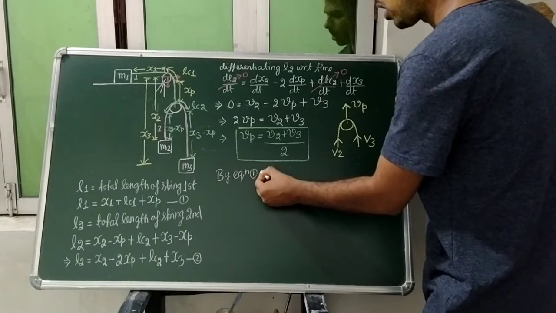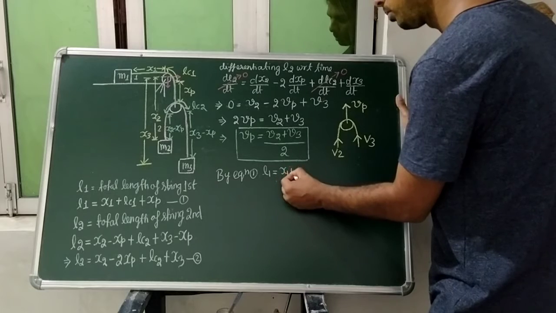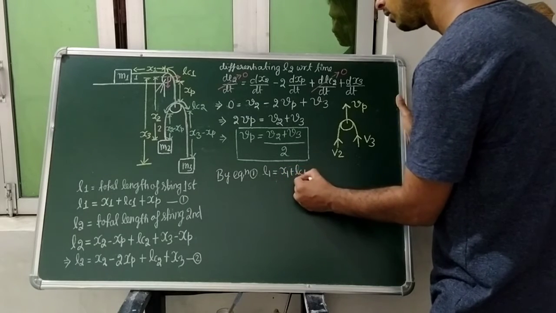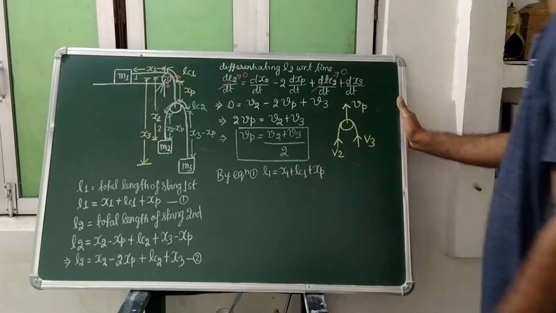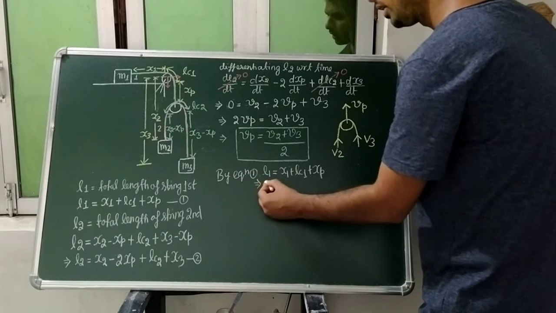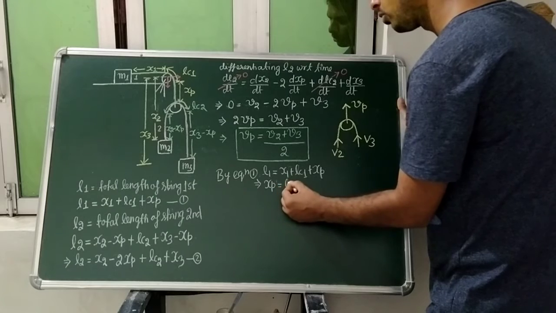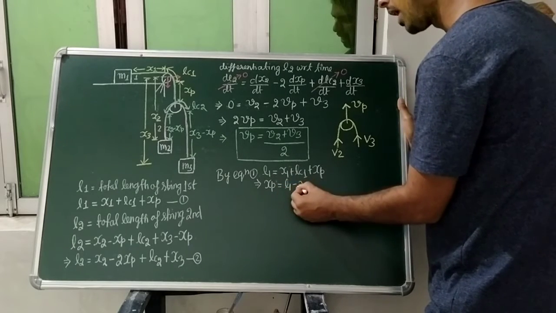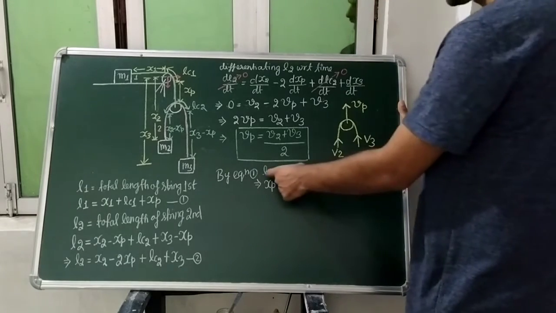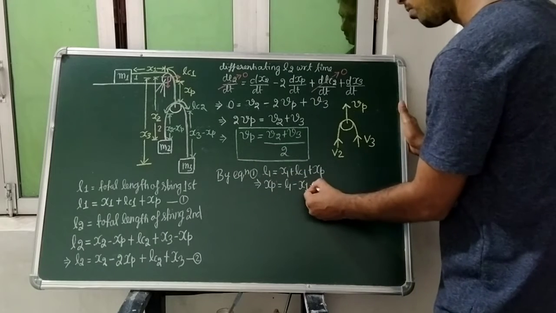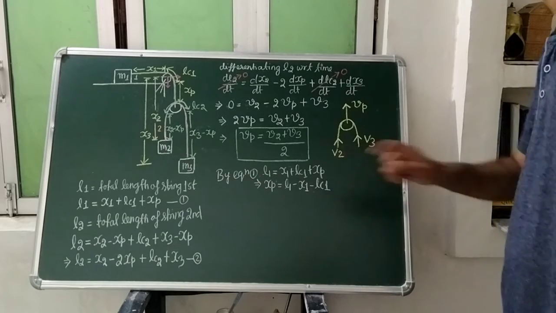This L1 is equal to what? X1 plus this LC1 plus XP. So from here we can write this XP should be equal to L1 minus X1 minus LC1, isn't it? From here we will get that XP should be this.